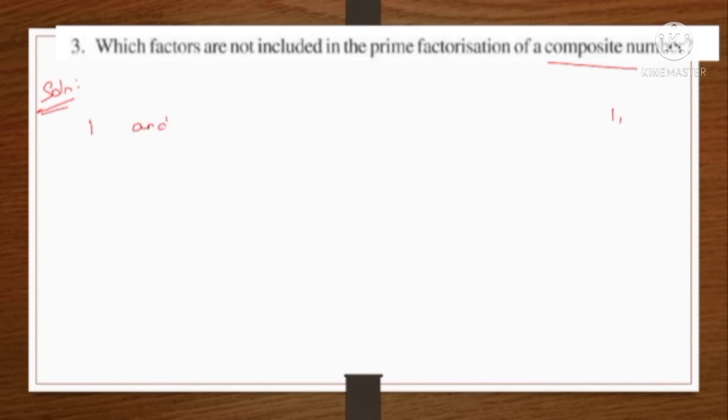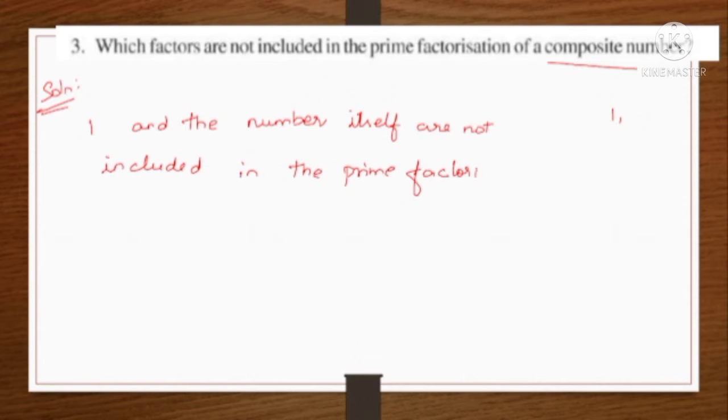1 and the number itself are not included in the prime factorization of a composite number. Just consider a composite number.